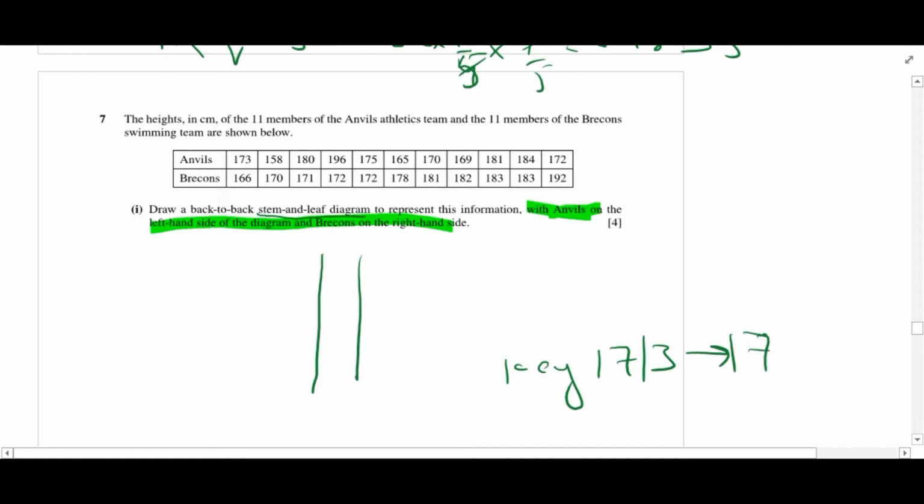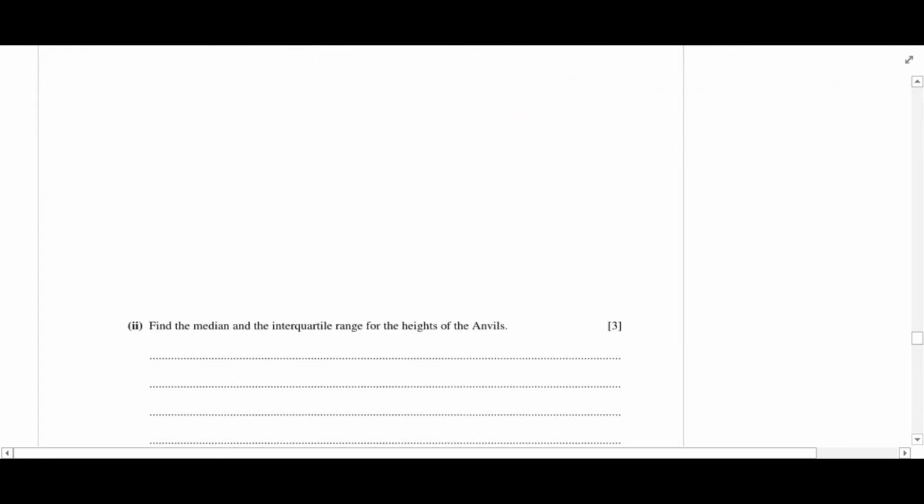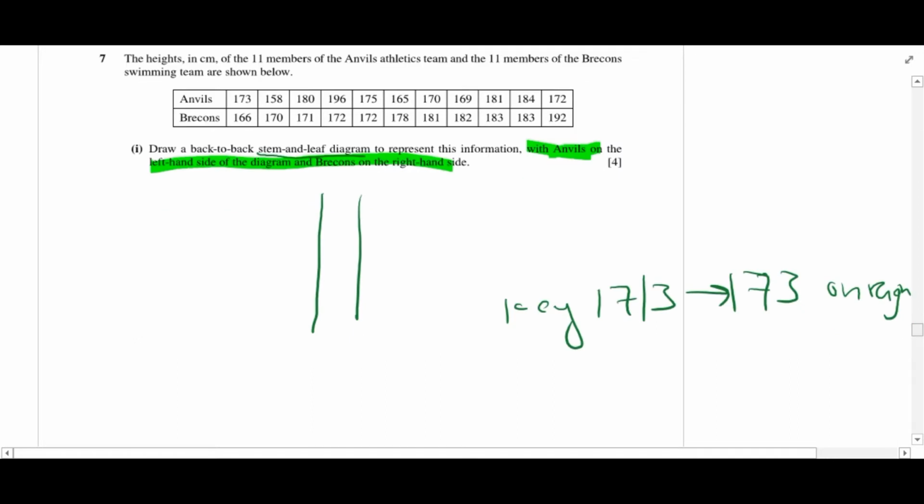Okay, the key would be 17-3 means 173 on the right. Sorry, let me do it again.